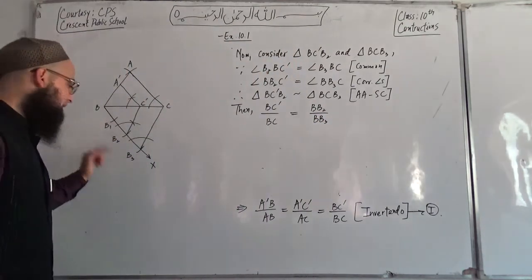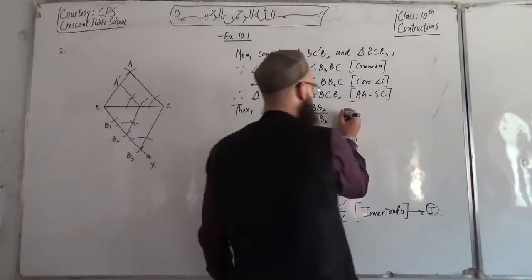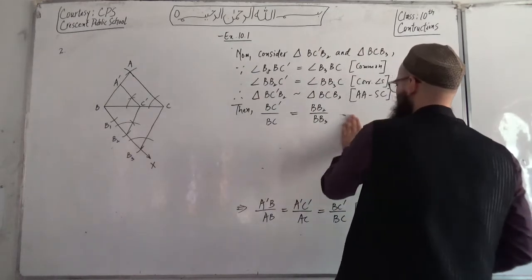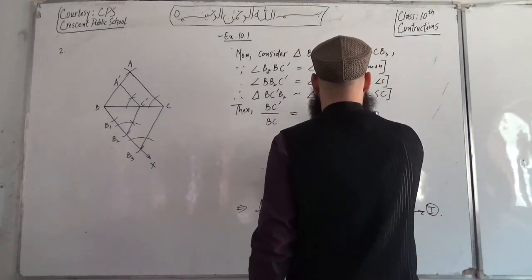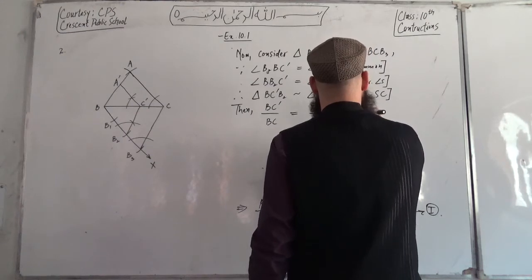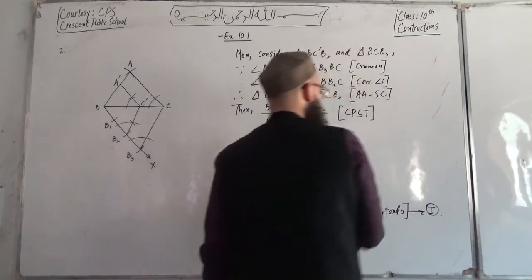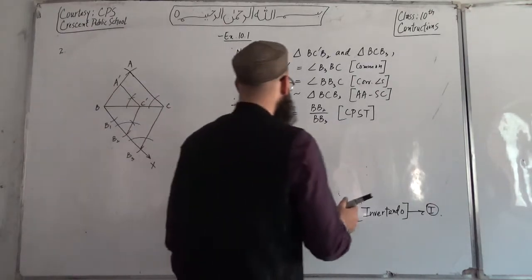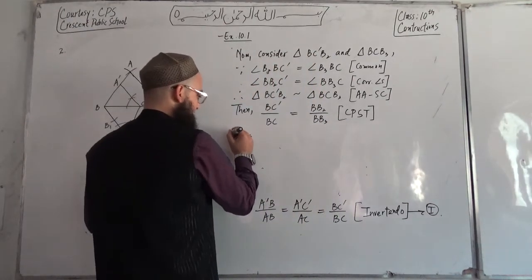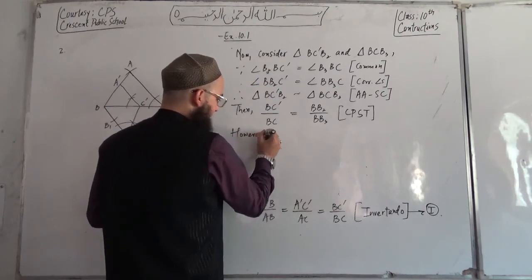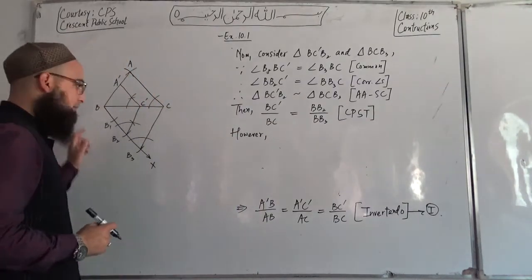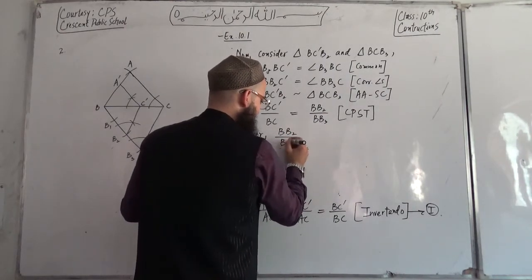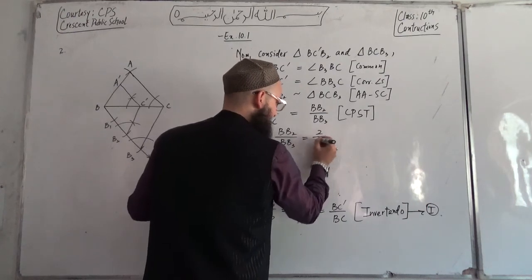BB2 by BB3 is equal to the third one. I need only 2, so there is no need to write the third one. You can write CPST, corresponding parts of similar triangles. Now one thing you know, that BB2 by BB3, it's nothing but 2 by 3.